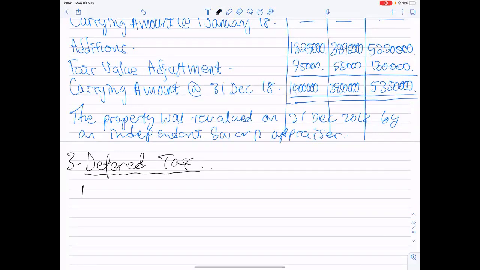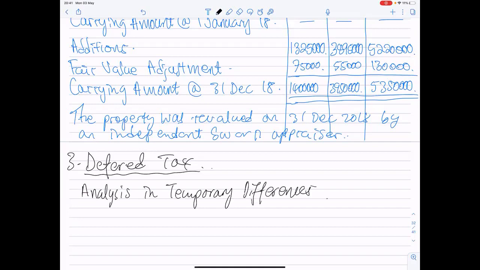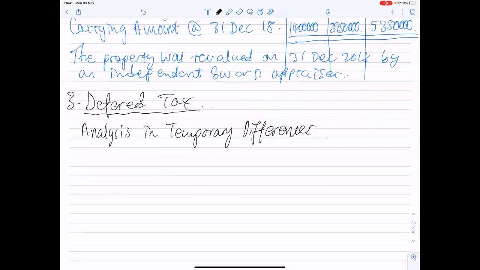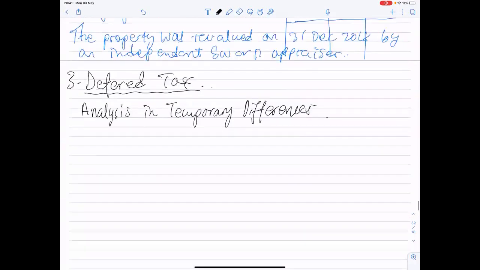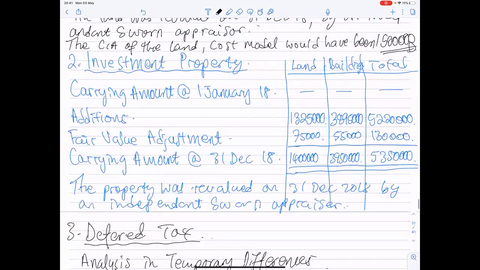You can have your analysis in temporary differences. Right, so they can ask you to show the calculation in terms of a table, or if they are silent, you can just come and look at it. Okay, let's do it using a table first. Right, how can I show it?